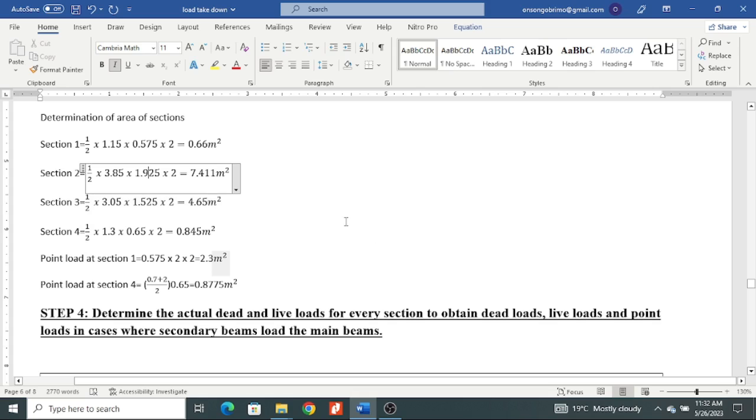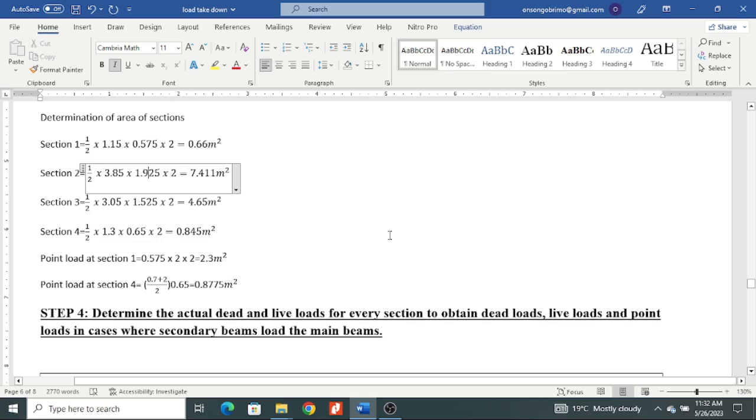It's an error of just a few millimeters, therefore I'm just going to leave it like that. It's an error of 100 millimeters only, and actually it is increasing the area, but if you want to be accurate, you should increase this to 8. Though for purposes of this class, because I've continued the rest of the calculations from these figures, we're going to proceed using this.